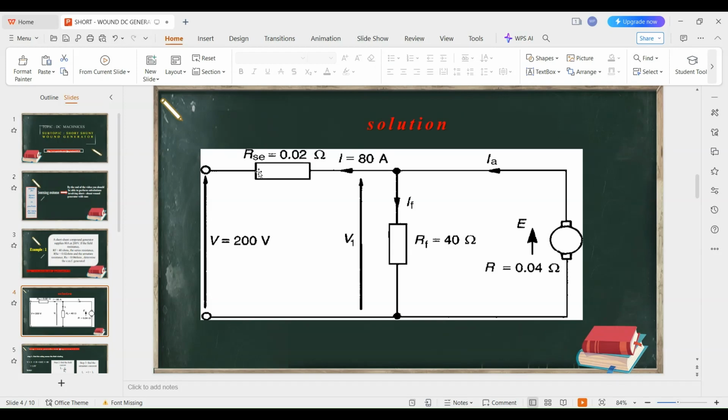Step 4 is the step where we look for the EMF generated in that machine. So, EMF generated, we have said that EMF is given by the terminal voltage plus the voltage across the armature.